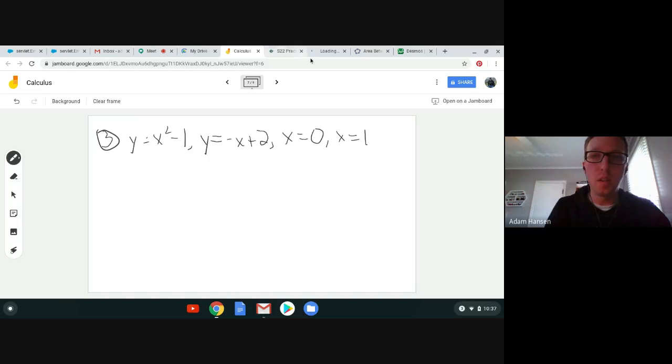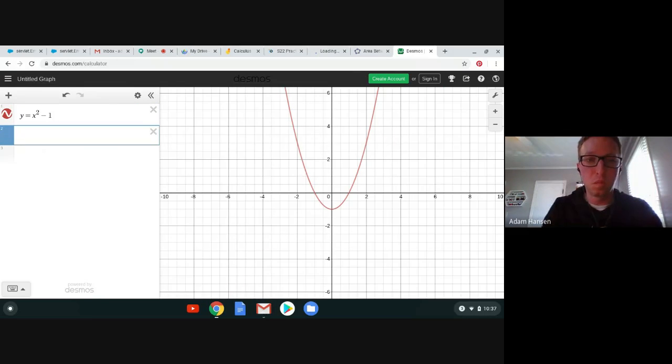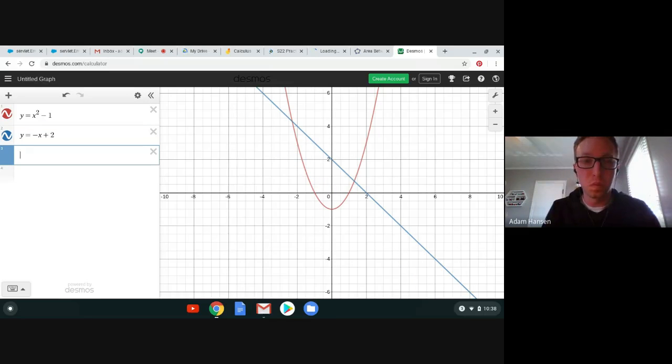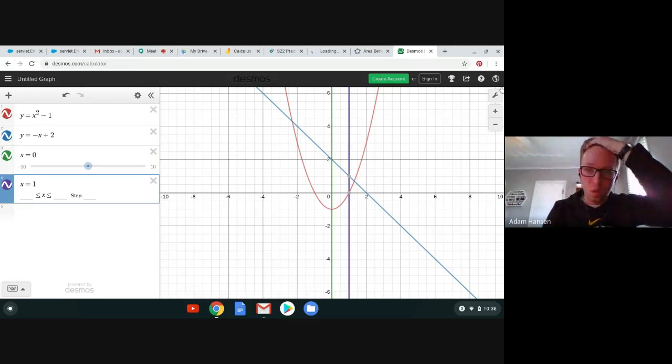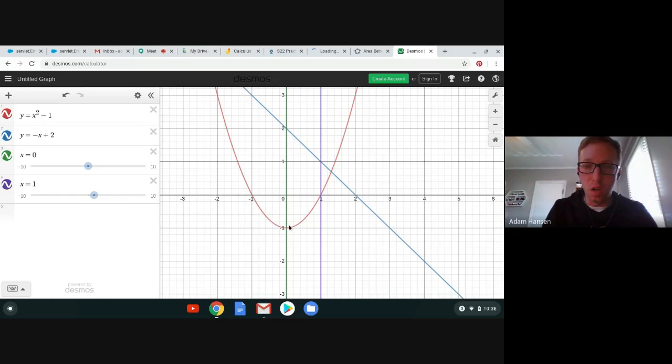All right, let's go ahead and get this graphed on Desmos. It looks like I'm trying to find the area of this region where these different functions come together.